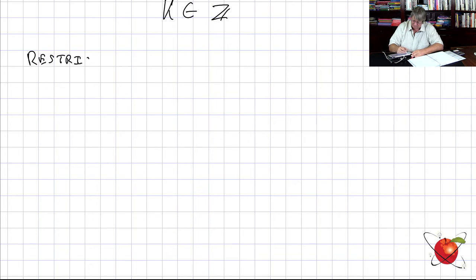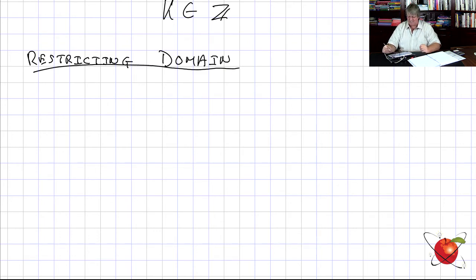Restricting domain. What's this all about? Well, essentially, guys, it's this, all right? In the solution of the equations, you're going to get a whole bunch of possible answers.